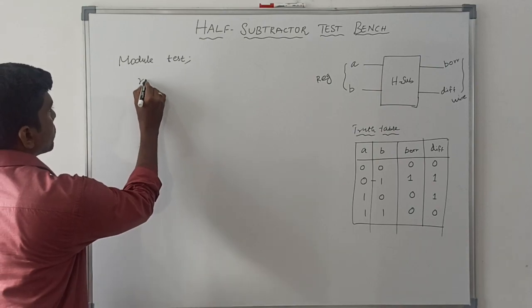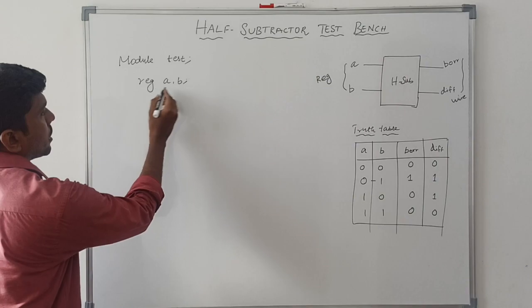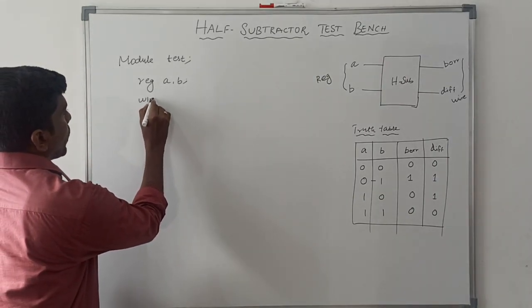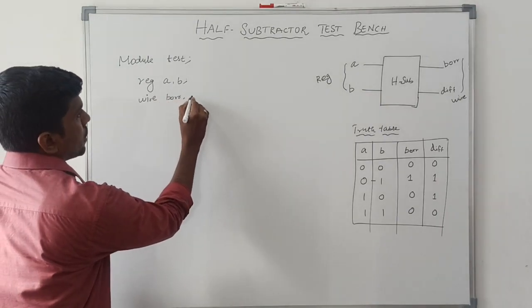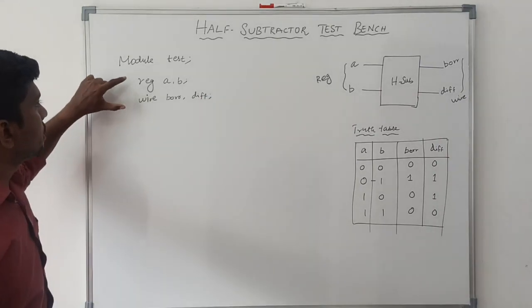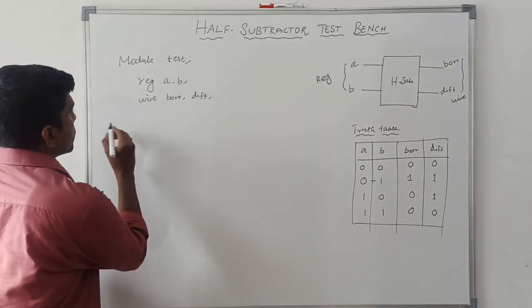So reg A comma B is the declaration of input variables. Then wire borrow comma difference. First declare the input variables, then the output variables.